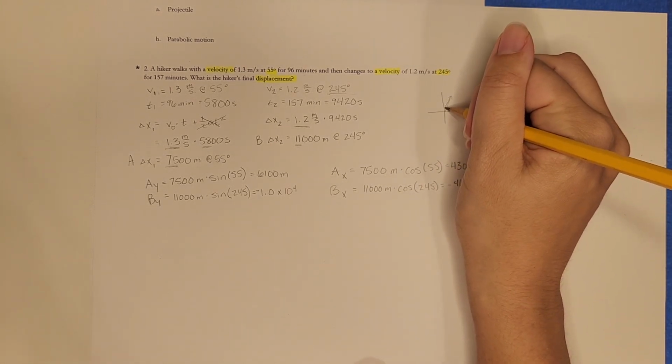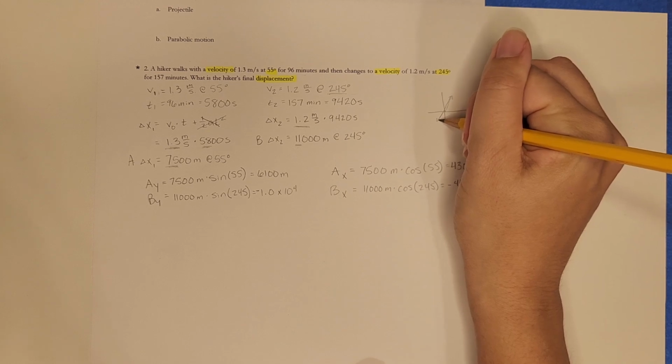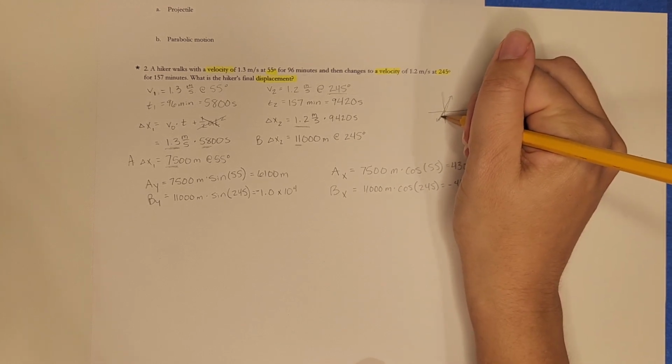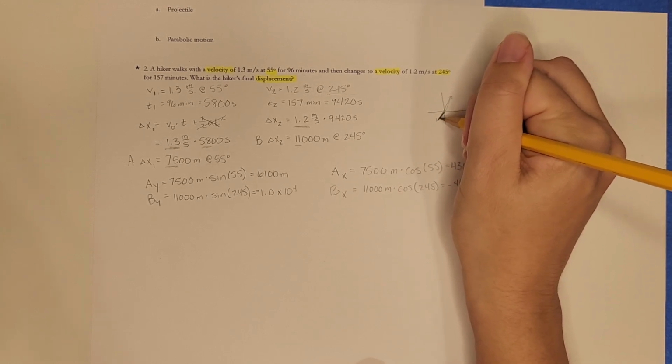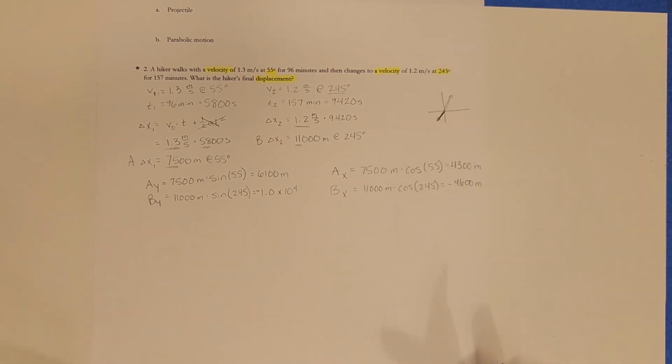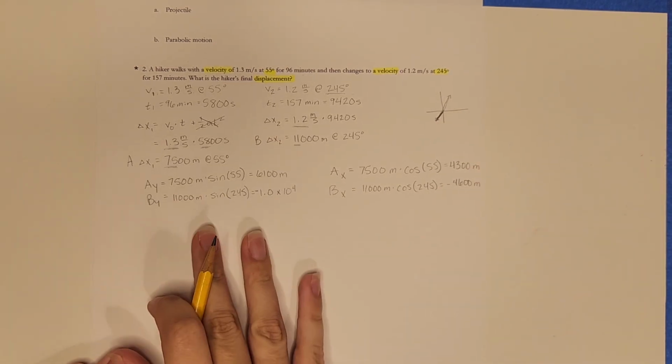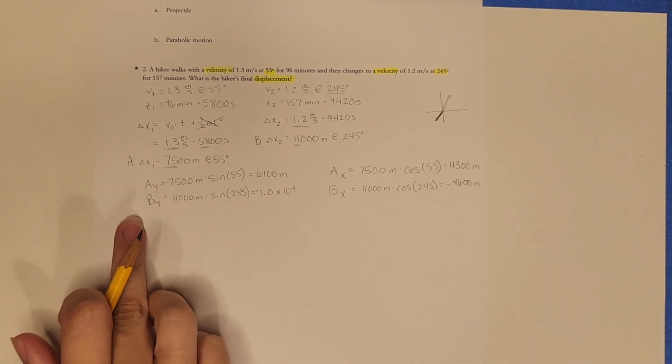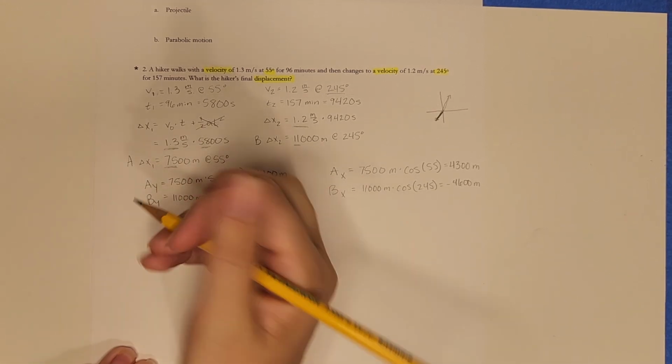So he's kind of doing this, and my C is this. This is what my final is going to look like. Okay, so to get the C, I'm just going to add these together.